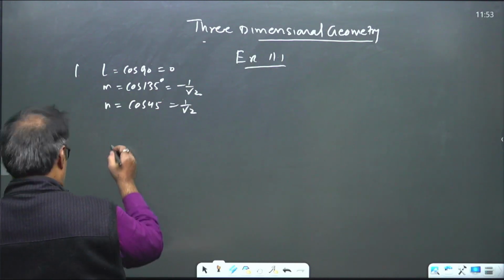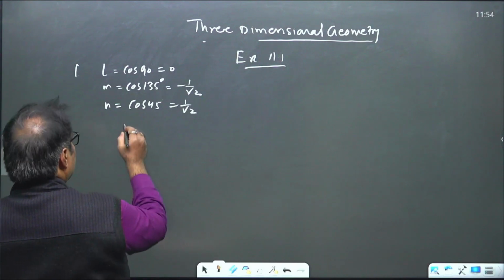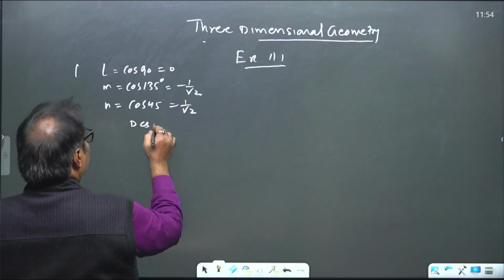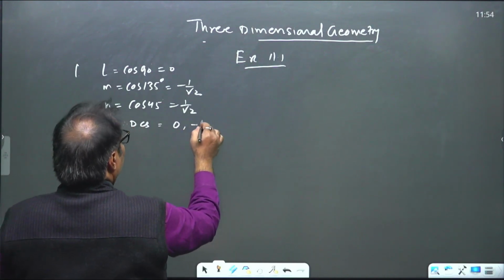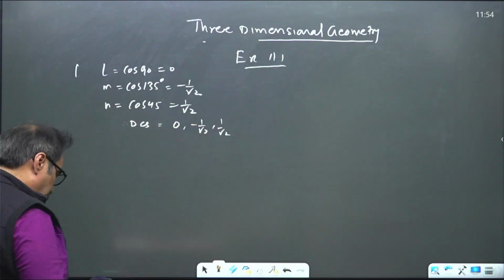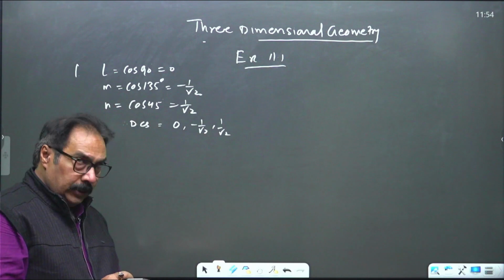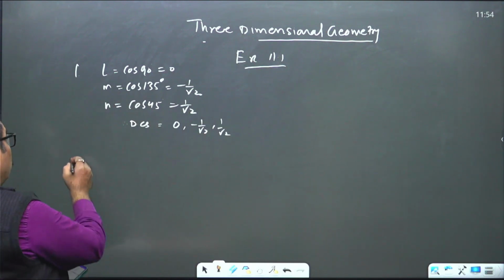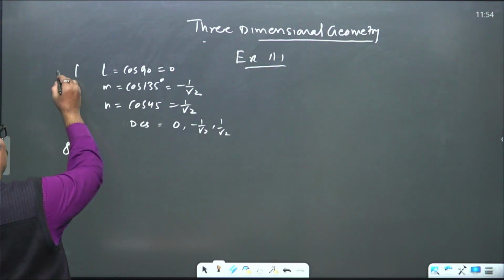Therefore the direction cosines are 0, minus 1 by root 2 and 1 by root 2. Now the next question, question number 2.